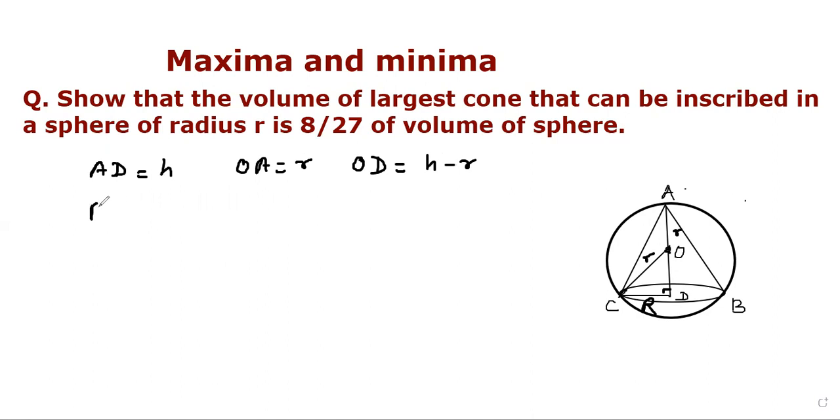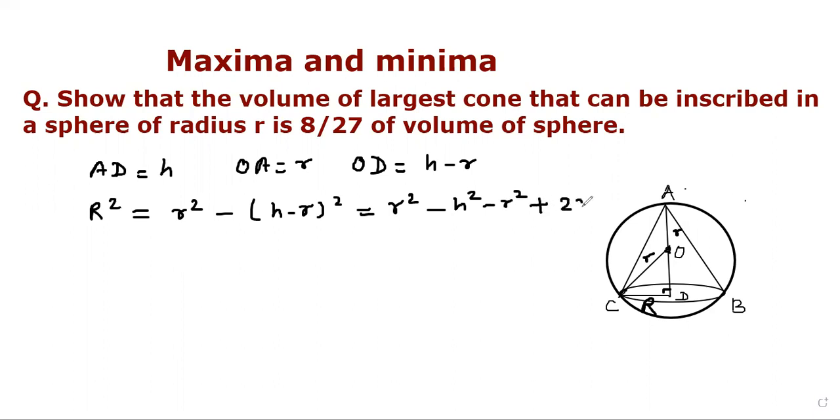So we get R square equal to r square minus (H minus r) whole square. If we open the bracket, it becomes r square minus H square minus r square plus 2rH, which gives 2rH minus H square.